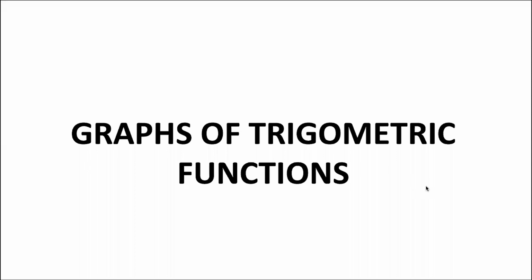Now we are going to study each and every trigonometrical function, and in every quadrant how they will give you the values. First quadrant, second quadrant, third quadrant, or fourth quadrant.